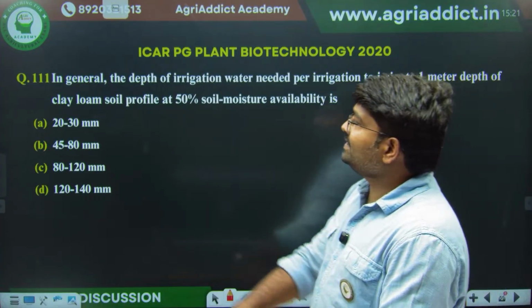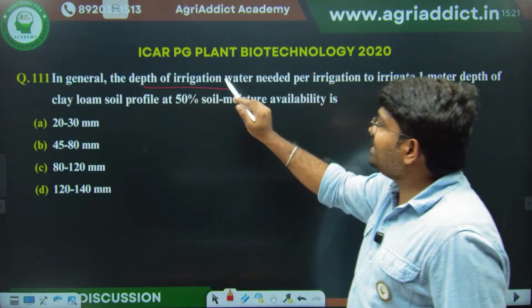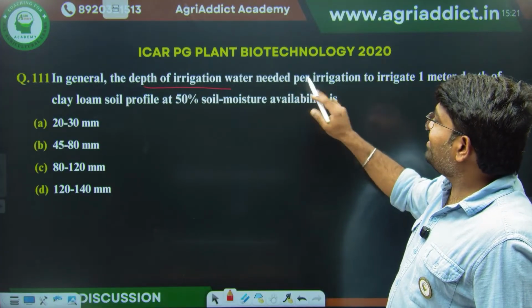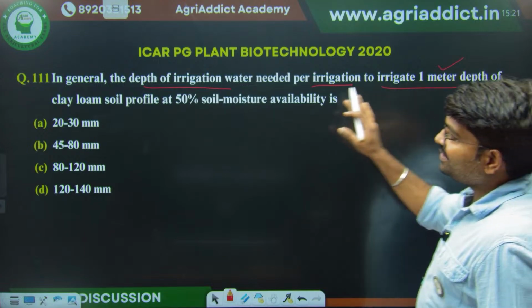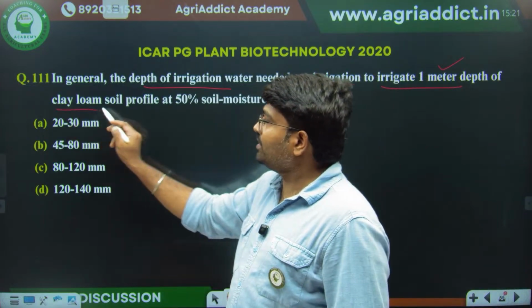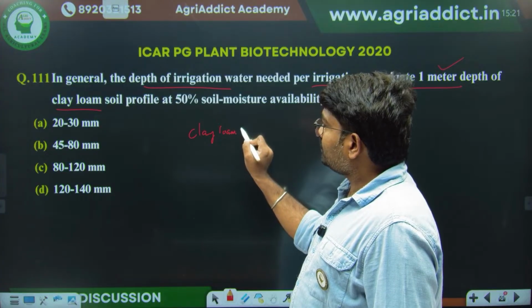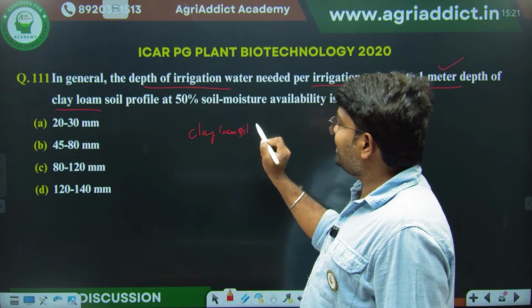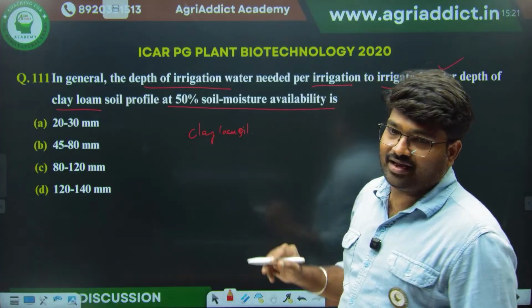In general agri question: the depth of irrigation water needed per irrigation to irrigate 1 meter depth of clay loamy soil at 50% soil moisture availability.